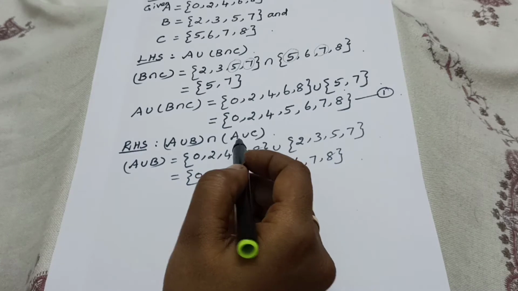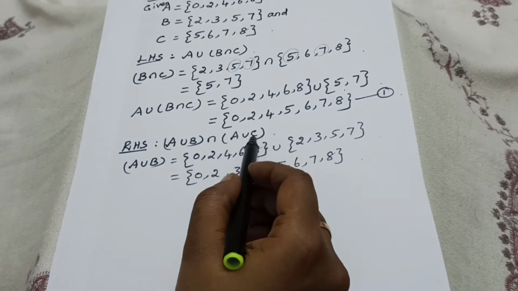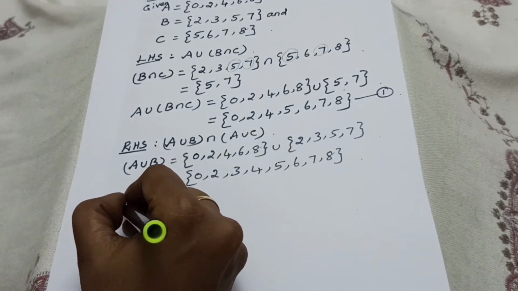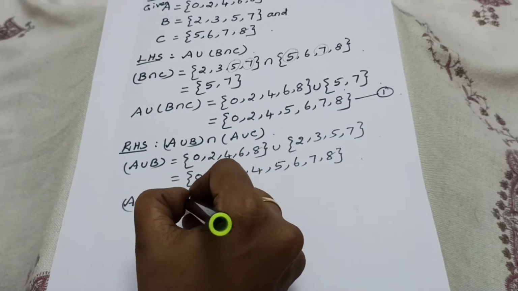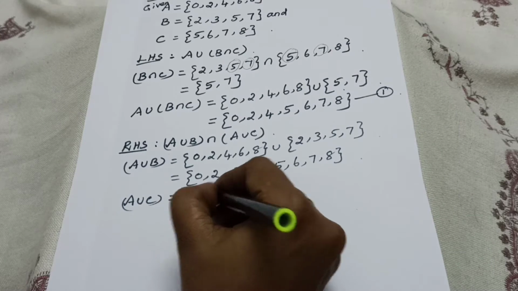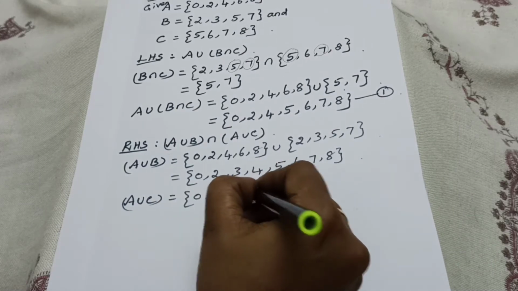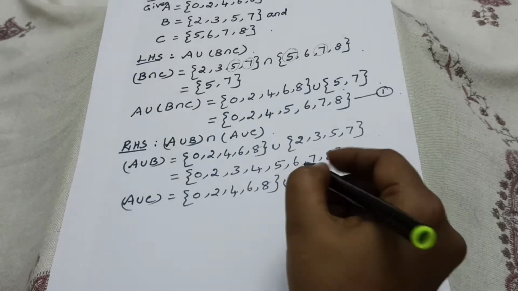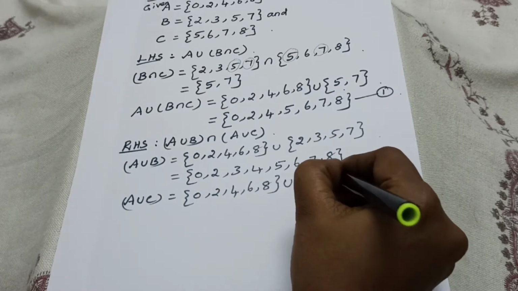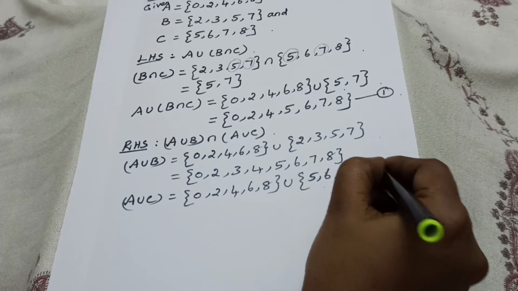Afterwards, inside the bracket, A union C is also given, isn't it? A union C is equal to, what are the A elements? 0, 2, 4, 6, 8. Union, then C is 5, 6, 7, 8.